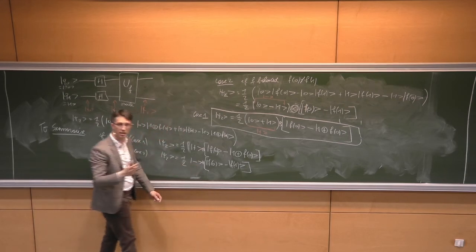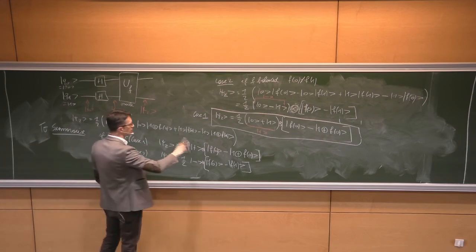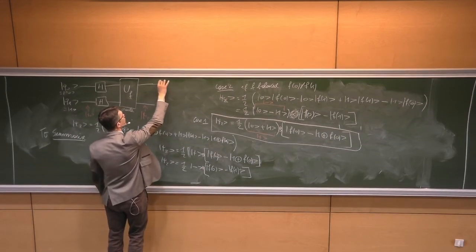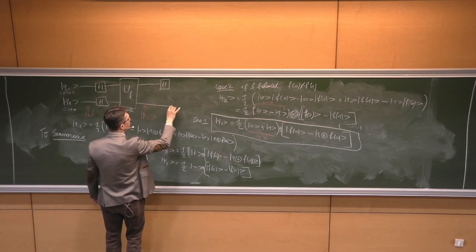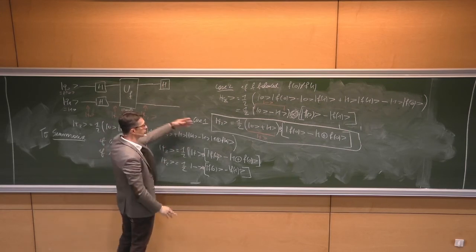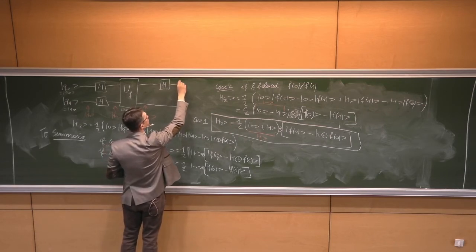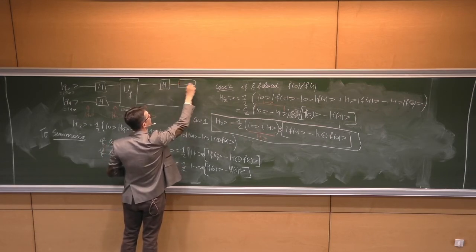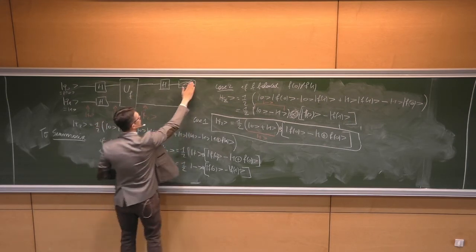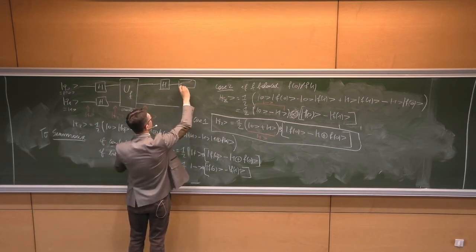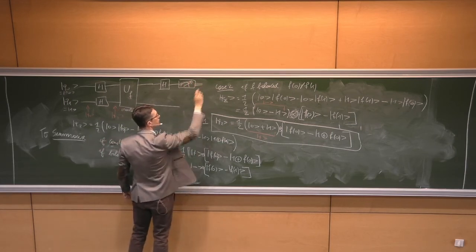But that I can tell very easily, because if I do a Hadamard gate on this one, and nothing on this one, so I just let it go, I don't measure it, I don't need to know, because all the information will be given here. So if I make a measurement like this, I've got the answer.